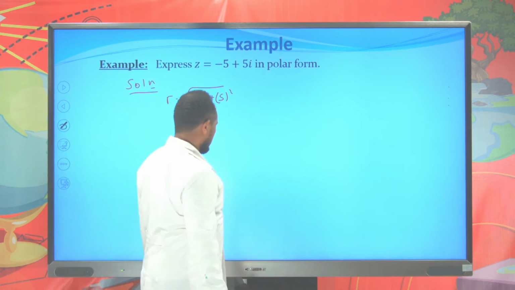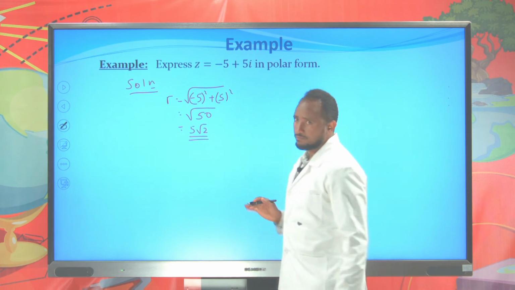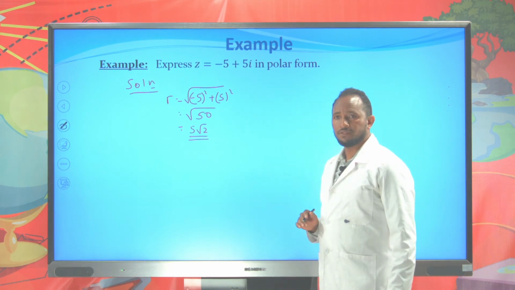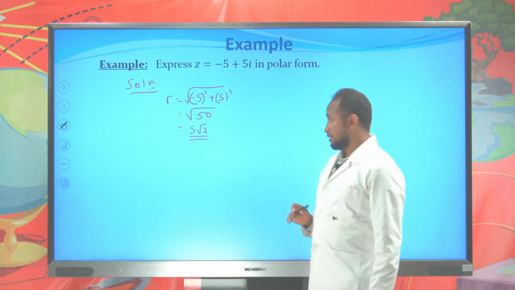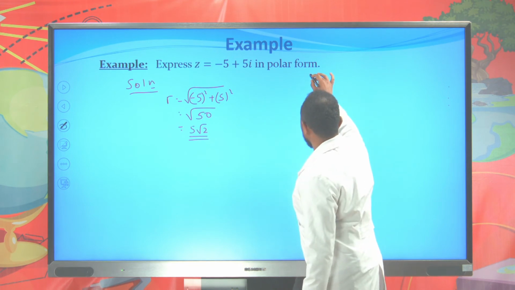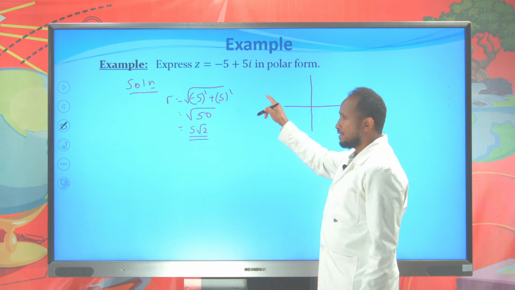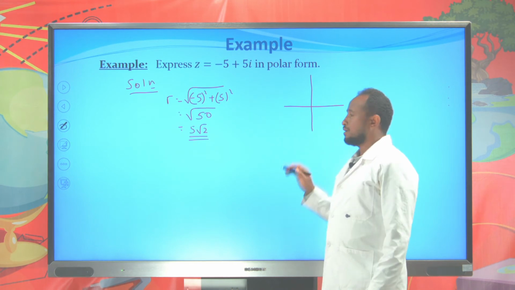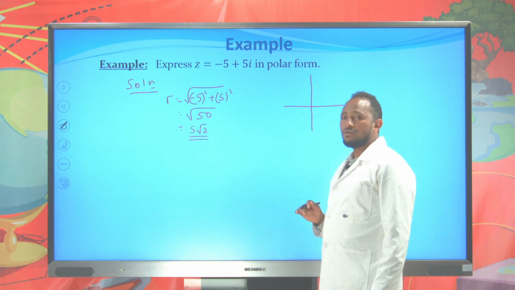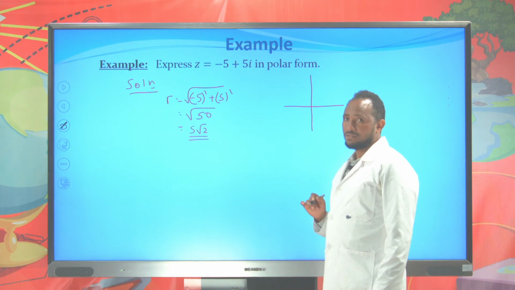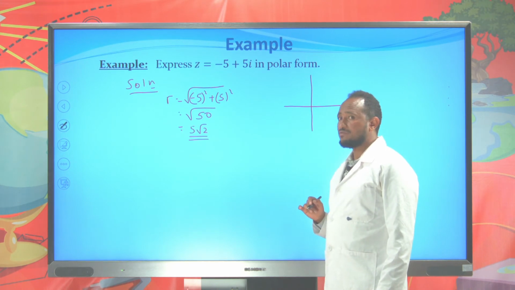So the next one is finding the argument. To find the argument, you have to be careful. You need to draw the complex number in a graph, and then identify the quadrant where the complex number is found.